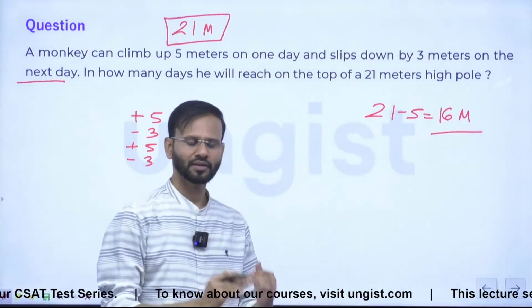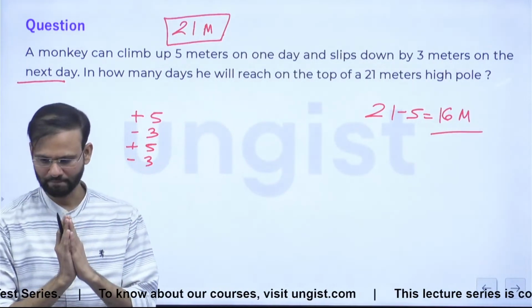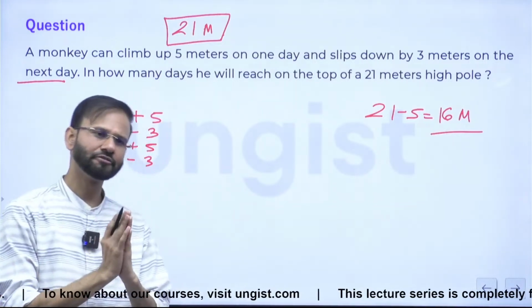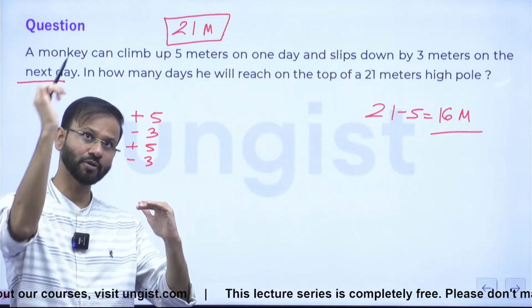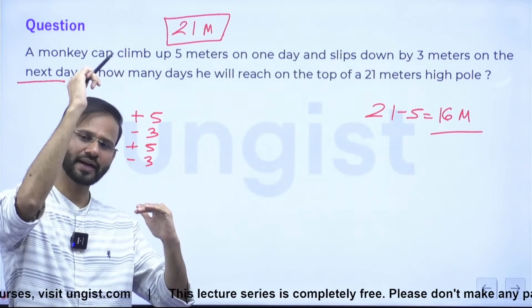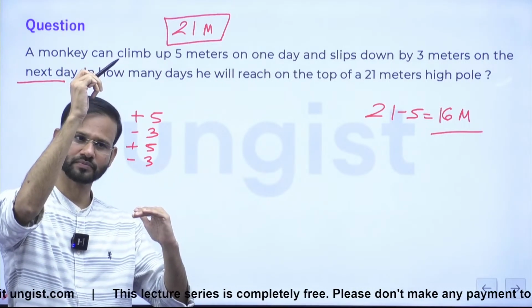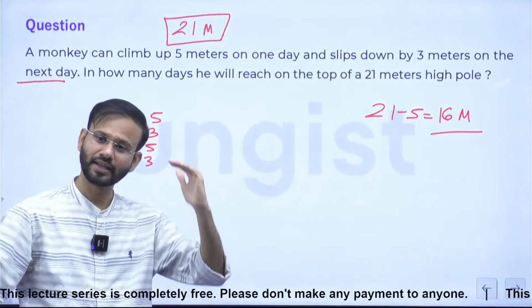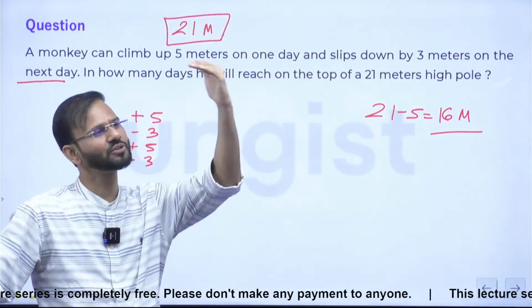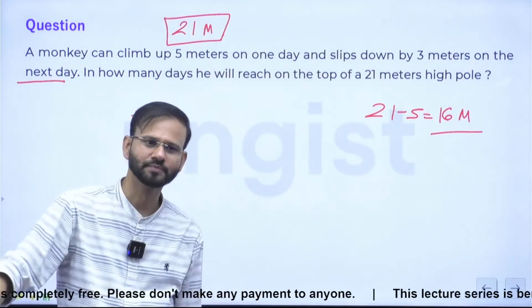Everybody, देखिए बात को समझिए. If he is on the 16th meter, he will take a jump of 5 and he will reach the top. Getting it, everybody? Right?